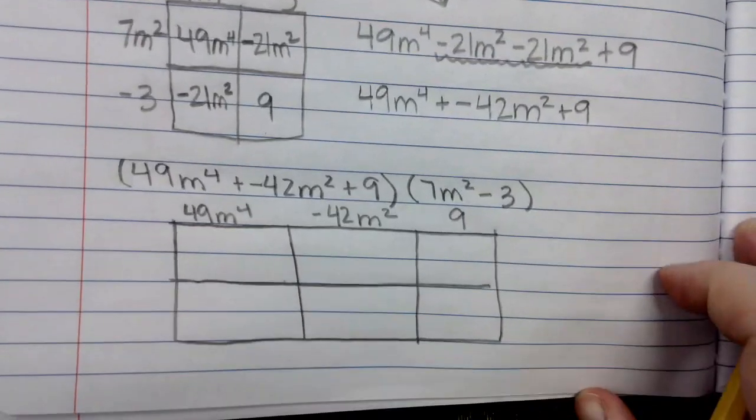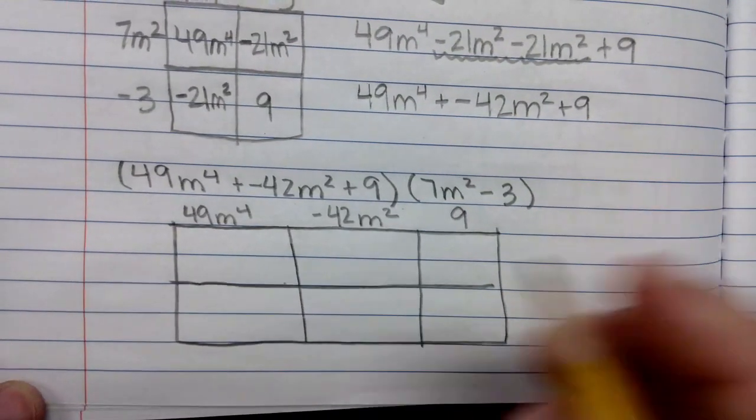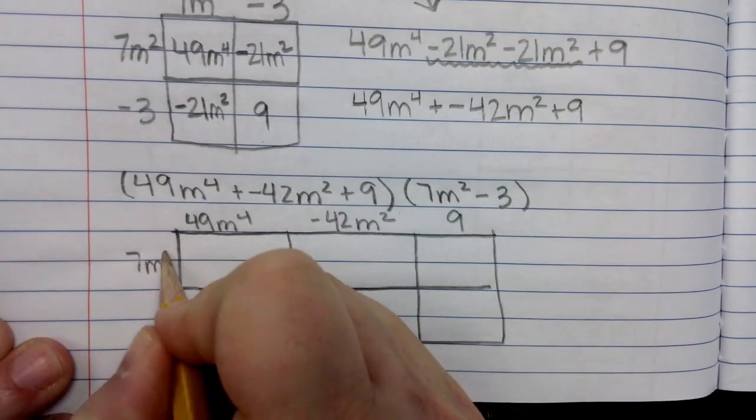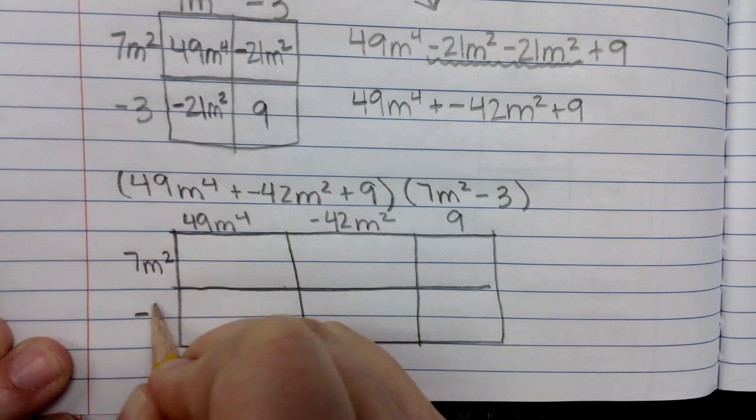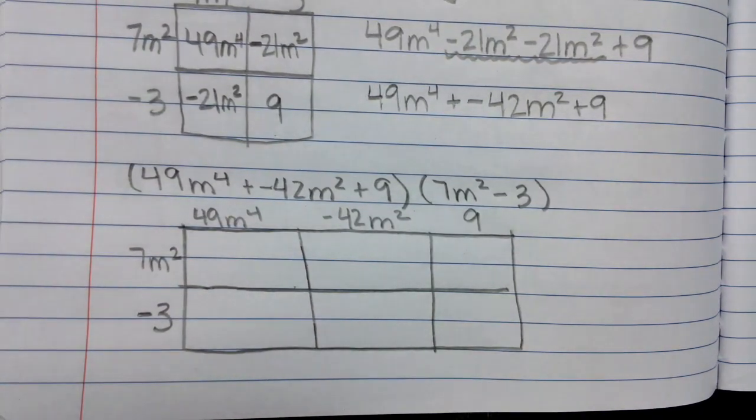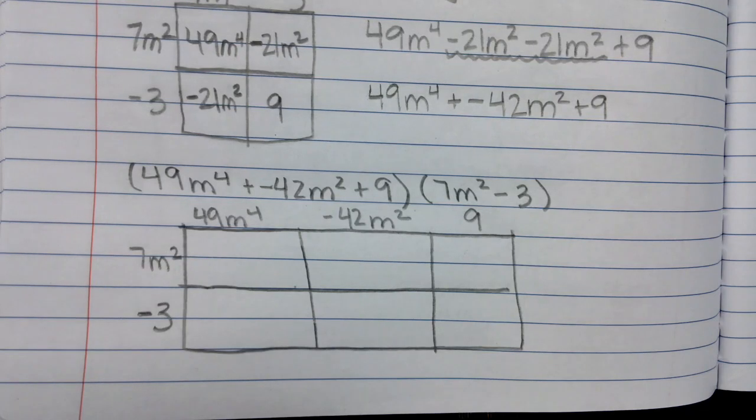All right, so in this first box, we're going to do 49 times 7 is 343. And I have 2 m's in front and 4 m's on top. So together, how many m's will there end up being in this box? 6. Because 2 plus 4 is 6.